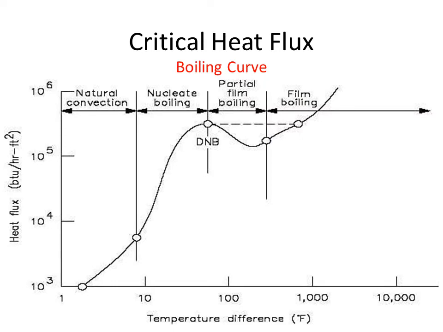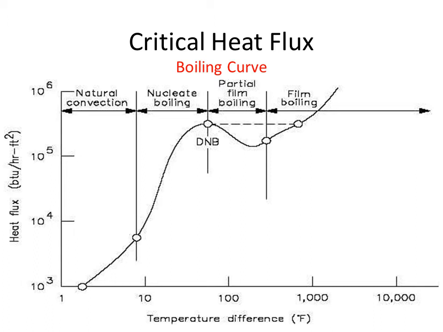Explanation of boiling curve. Four regions are represented in the figure. The first and second regions show that as heat flux increases, the temperature difference does not change very much. Better heat transfer occurs during nucleate boiling than during natural convection.